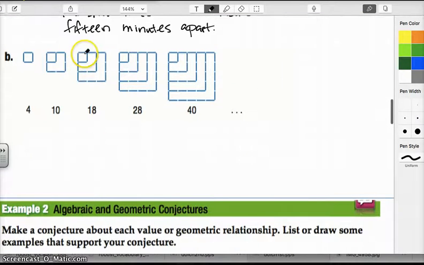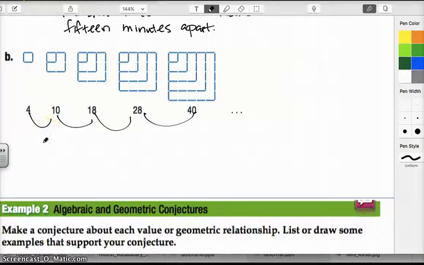Ooh, look at this. It looks like a game that you might play with matchsticks, right? So you put matchsticks here, and then you see 4, and then 10, and then 18, and 28, and 40. Whenever I see a sequence of numbers, I would definitely look to see if there's any consistency in movement.